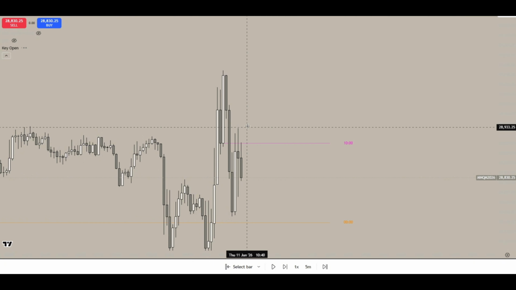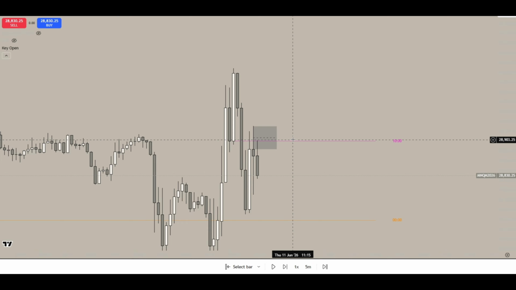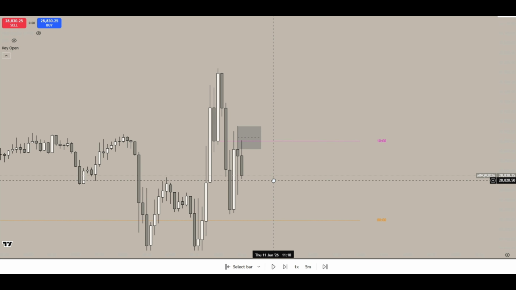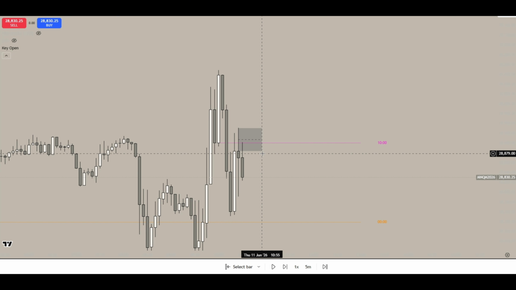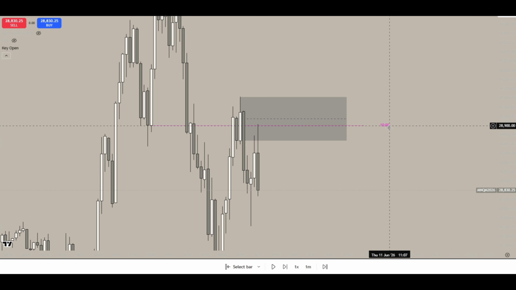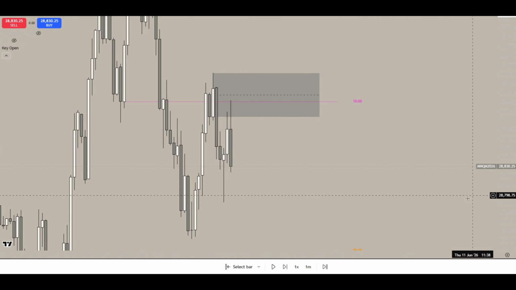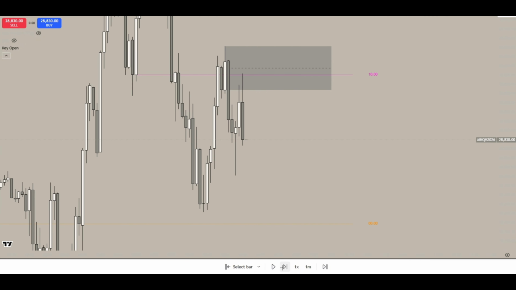Boom. So the setup for this was this one right here. 5-minute rejection block, aligned with 10 AM. We had manipulation down. We are looking for shorts, so that is completely fine. Obviously you could say this gets tapped, so like you could say it worked, but obviously the purpose is to look for some sort of prominent low, which would have been this here.